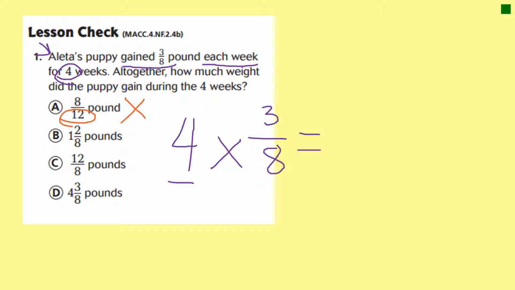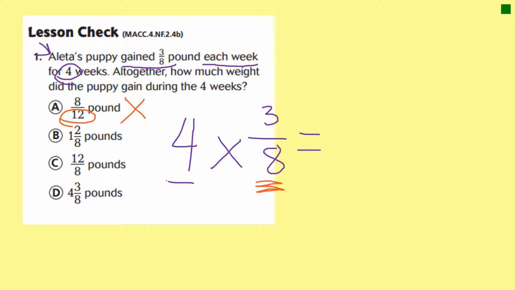It is not going to be A, because it didn't say anything in here about Alita changing how many parts make the whole, right? So it's not going to be A because that denominator is different.